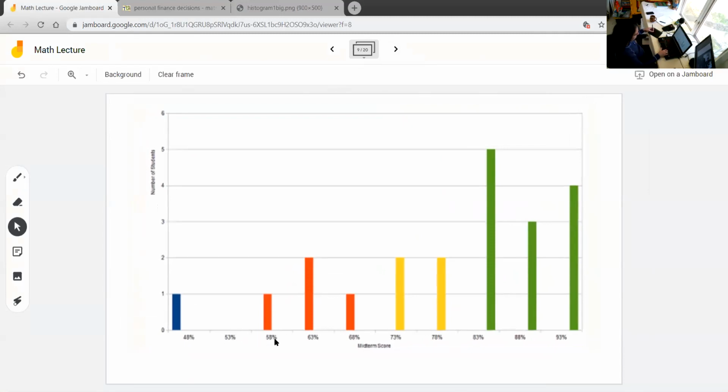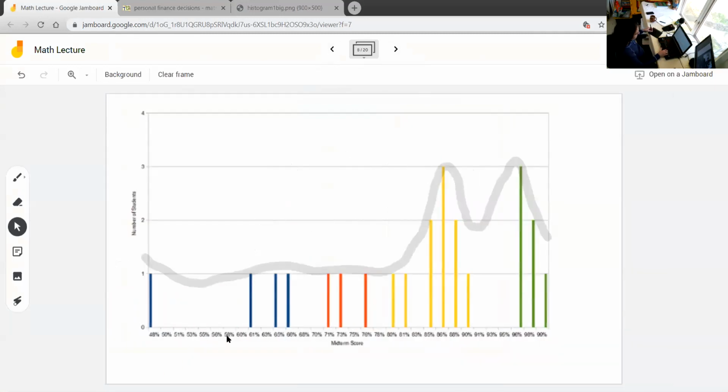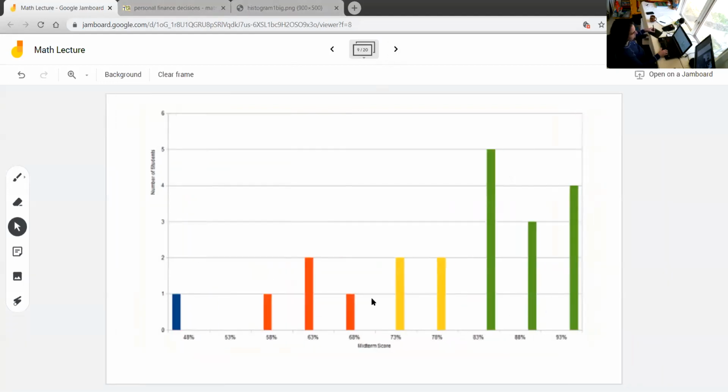Now each one holds 5% and they're starting at 48, whereas before each one held 2% and they were starting at 48. So the students fit into different categories, and if I change the categories, then it changes the histogram. So this is one way to lie with statistics.